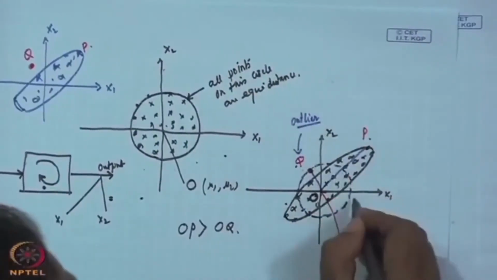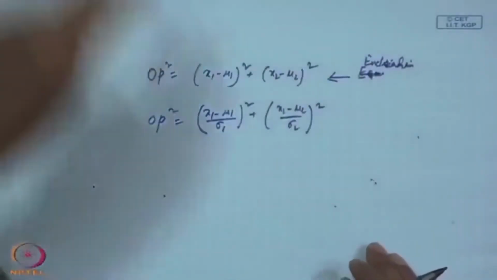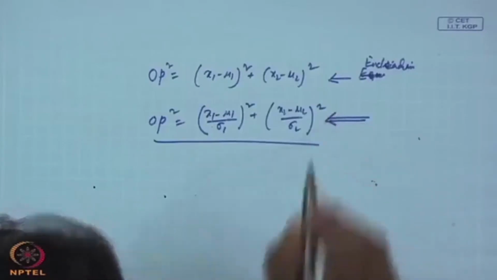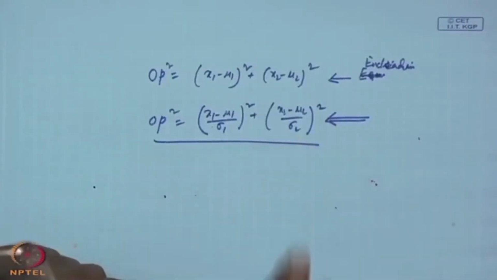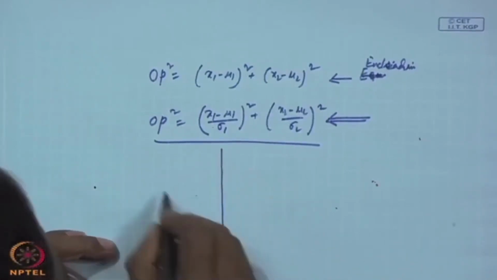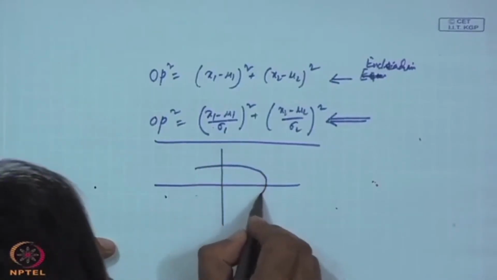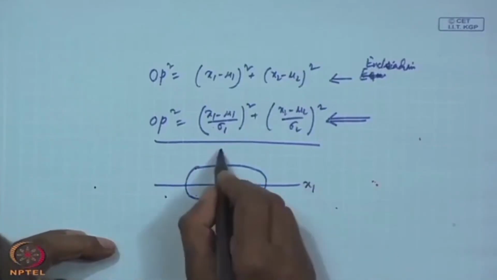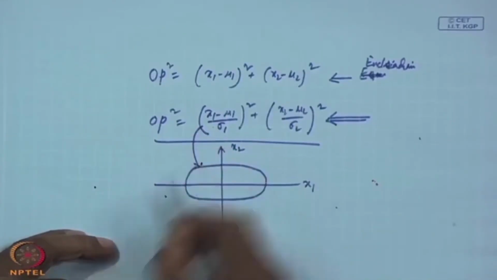Why? Here there is correlation. This is an equation of an ellipse and it represents two variables which are independent like this. If across x 1 the variability is high and across x 2 it is low, then this is our equation of ellipse.